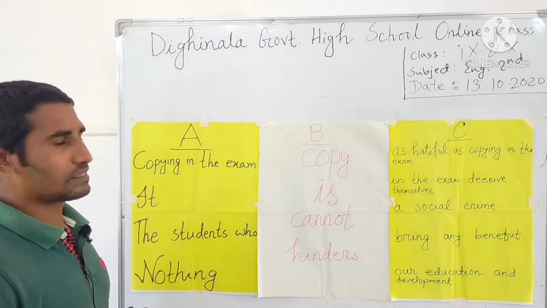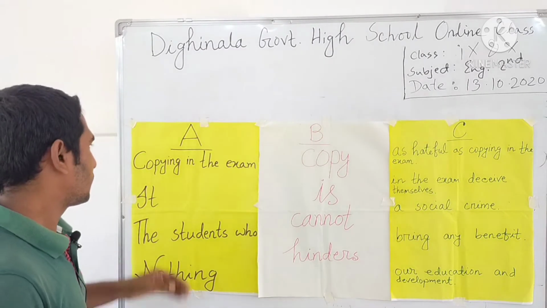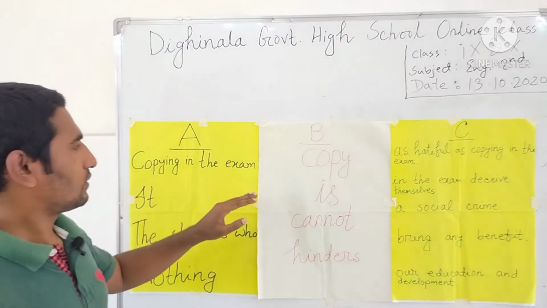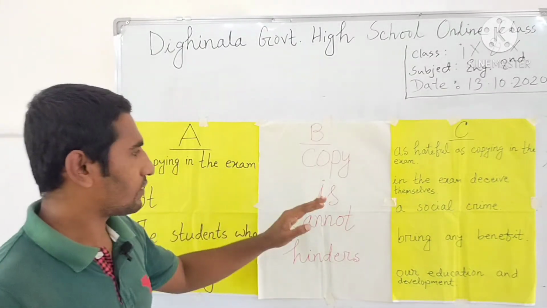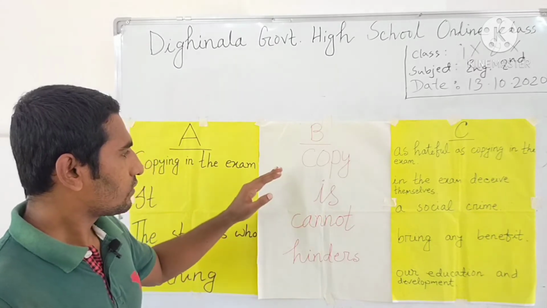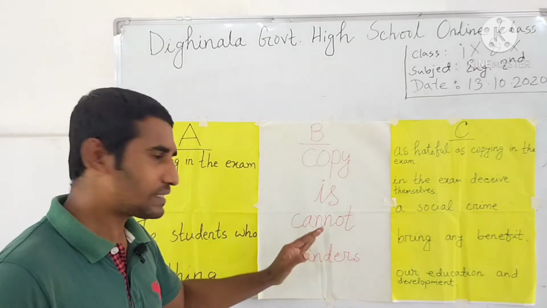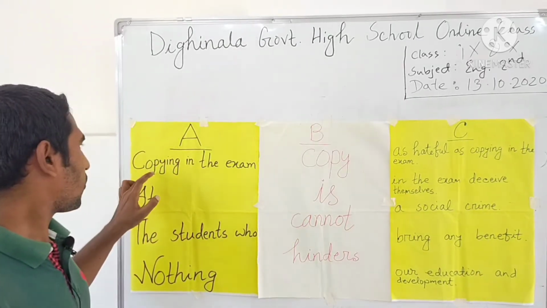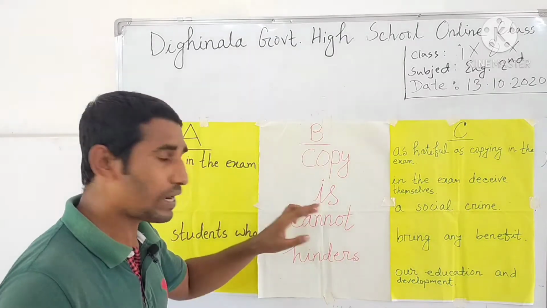First sentence can be copying in the exam. So after copying in the exam, which verb or which item can you take from column B? You can take is. Copying in the exam is. Why is?